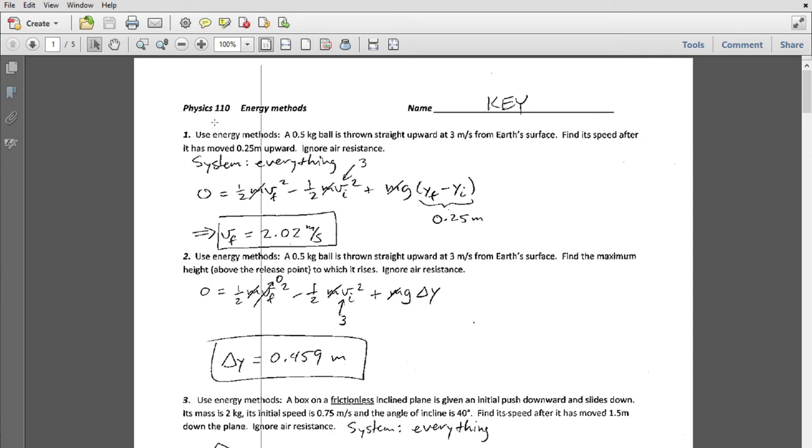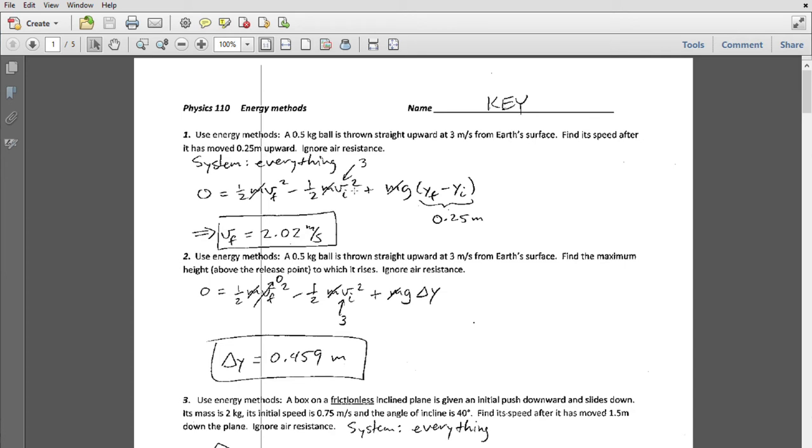That means that there are no other forces, given that we're ignoring air resistance, no other forces are doing work on the ball as it rises from the initial state to the final state. And so sometimes I say the system is everything, because any forces that are acting on the moving parts of the system are already thrown in the system. That means the net work done by all external forces is 0, and that's equal to 1/2 m v final squared minus 1/2 m v initial squared.